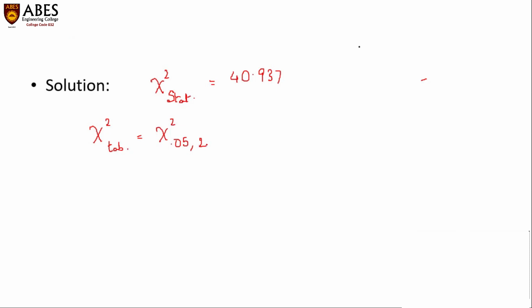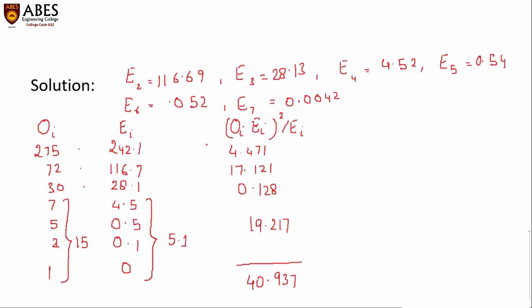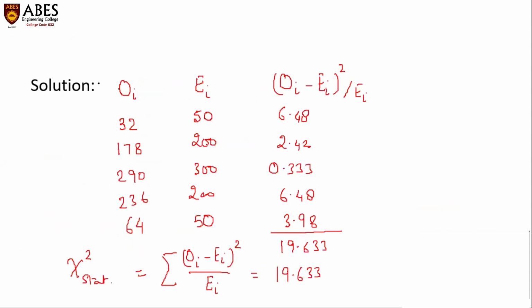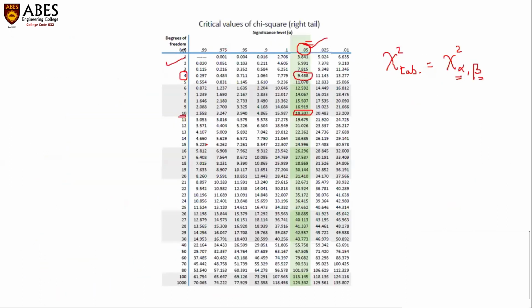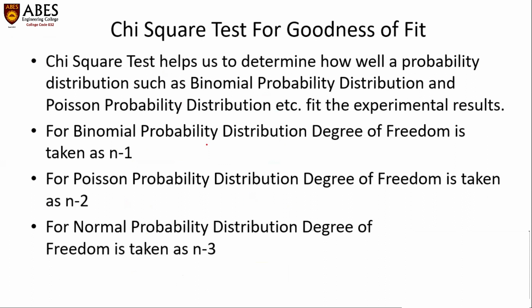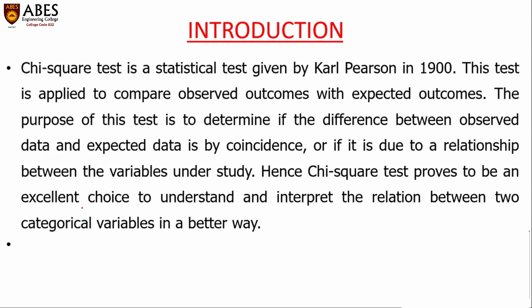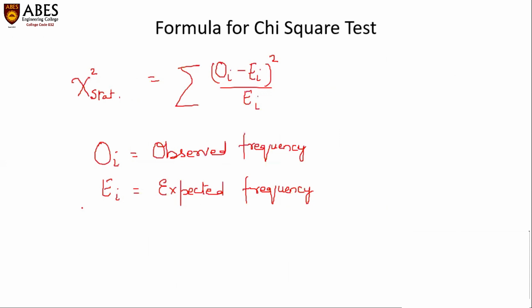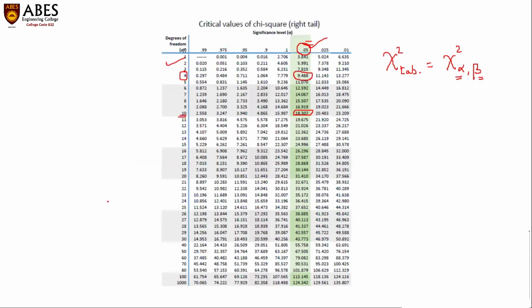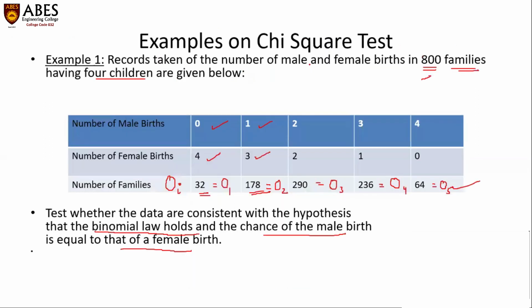Since now there are only 4 categories, and for Poisson distribution the degree of freedom is n minus 2, right? So let us look at the table to find out the value at 0.05 level of significance and degree of freedom 2, and the value is 5.991.